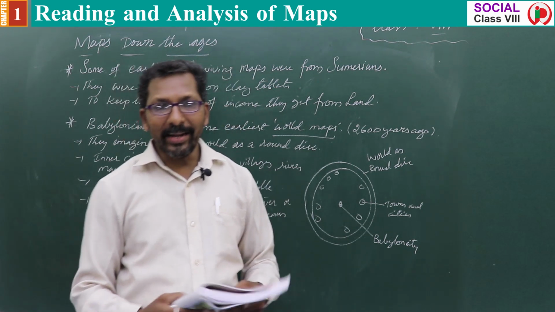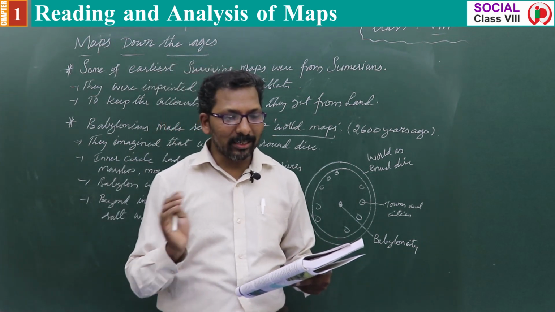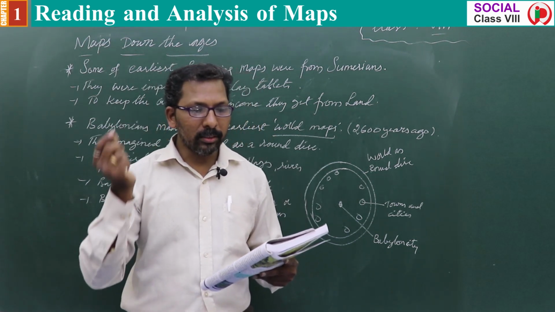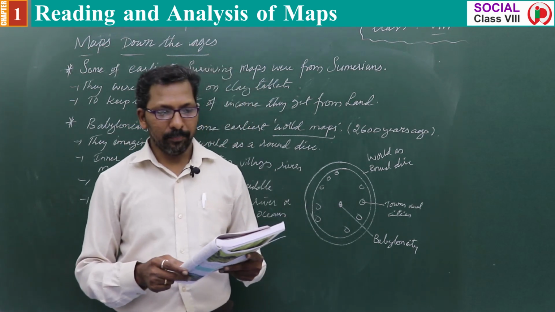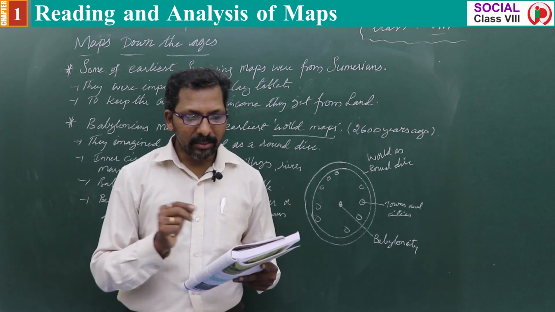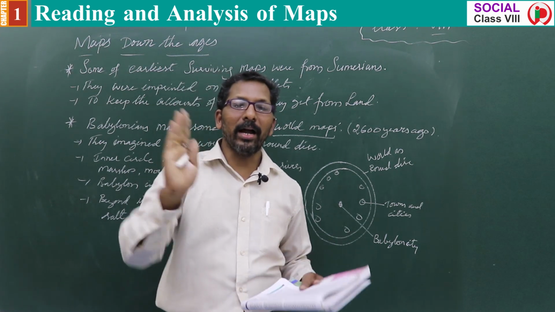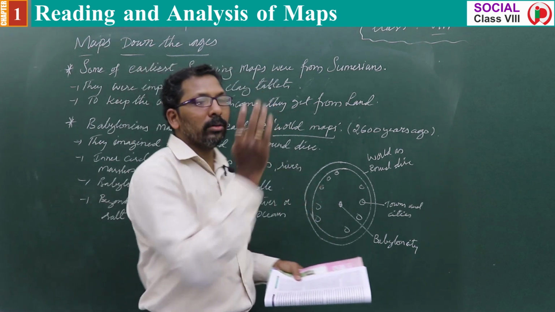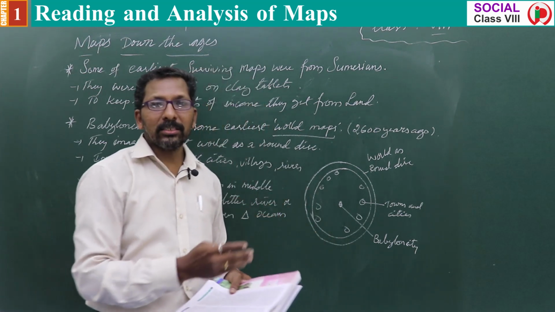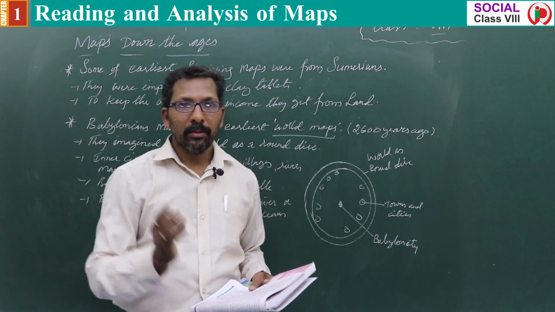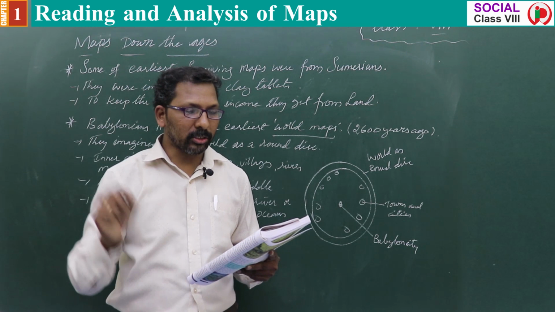And the ideas were similar to the Babylonians, who believed that the earth was a round disc surrounded by ocean water. Similarly, these Greeks also believed the same way. They too had the same idea as the Babylonians about the world. So these Greeks also thought that yes, the world is like a round disc, and it is surrounded by the ocean water.